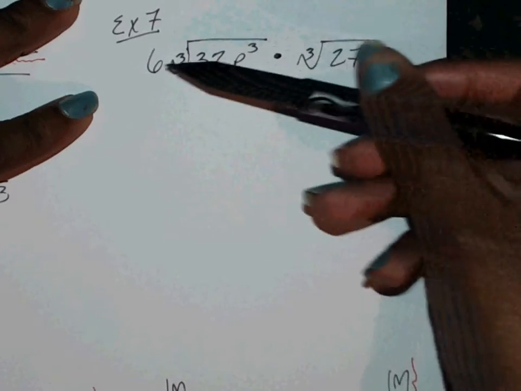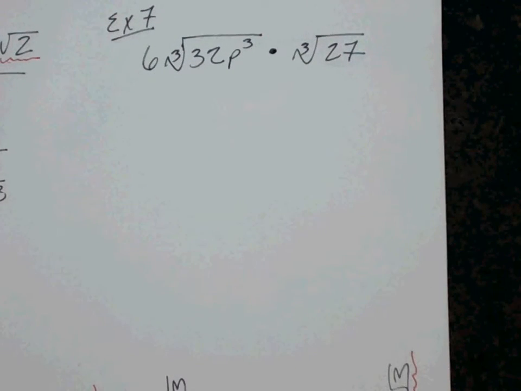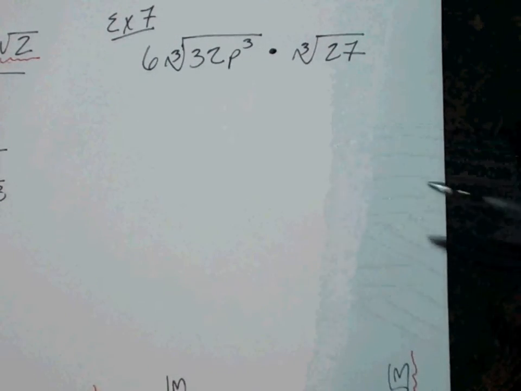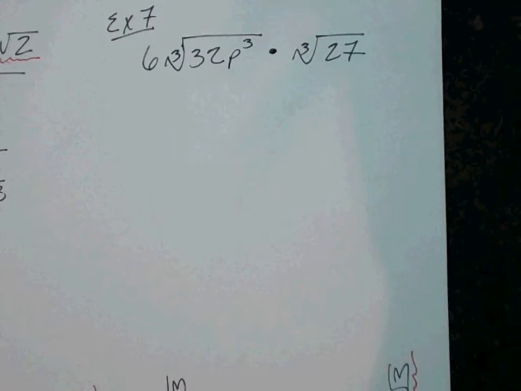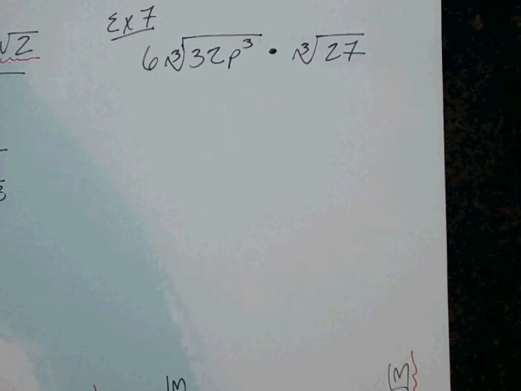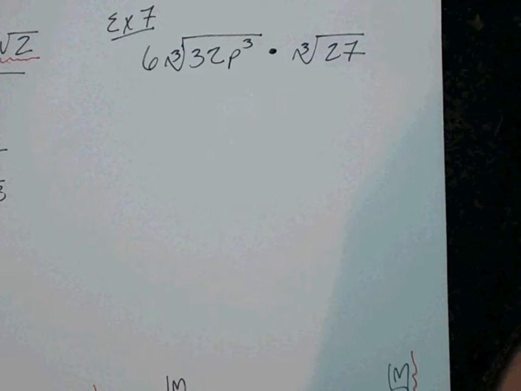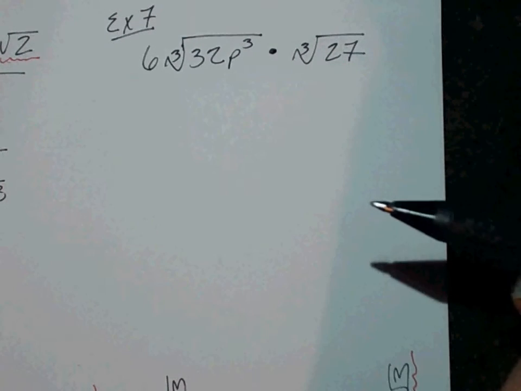It means I don't have a square root anymore. I have a cube root. So instead of circling groups of 2 when I put my radical in prime factorization form, I'm going to circle groups of 3. That is it. That is the only thing that's different. Oh wait, I have a variable right there. I'm not freaking out. Same thing, circling groups of 3. Here we go.